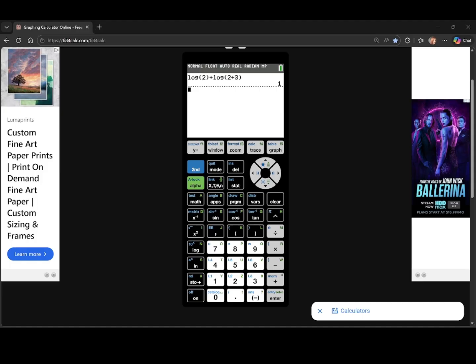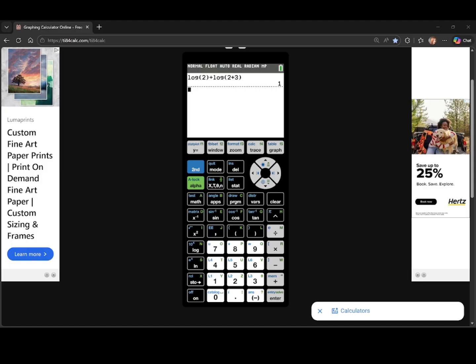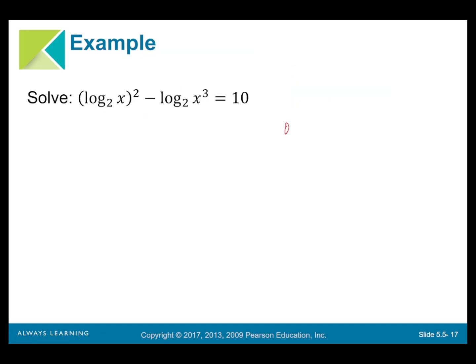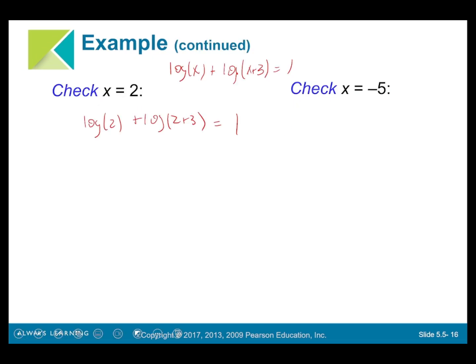Now we can check it similarly for x = -5 and look at log(-5) + log(-5 + 3). Only this one actually doesn't work.